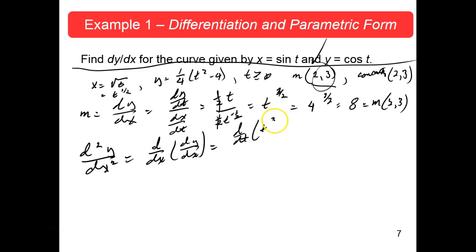Yeah, t to the 3/2, right? Divided by dx over dt.